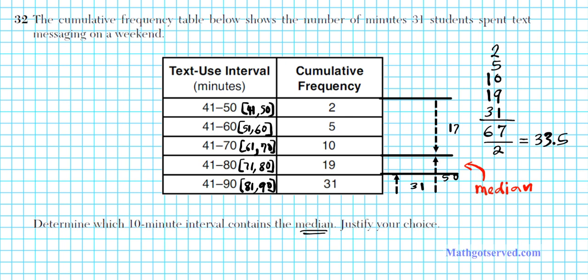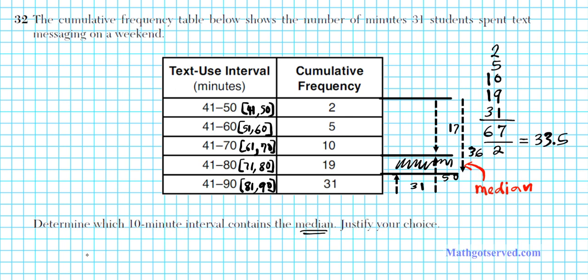If you're going from the top all the way down to 81, it's going to be 17 plus 19. What is 17 plus 19? 17 plus 19 is 36, and that's too big. Okay, so the median has to reside somewhere in this bound right here. If you go too high from the bottom, you're going to exceed it. If you go too low from the top, you're going to exceed it. So the median has to be from 71 to 80.